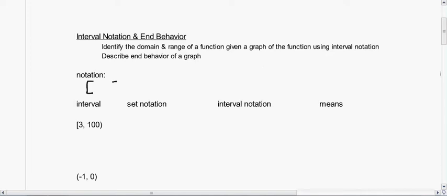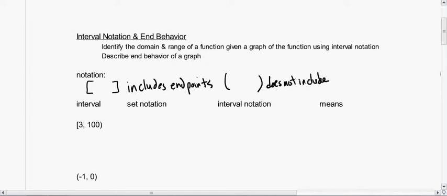We've got a set of brackets, and this would mean that you are including the endpoints. So this includes endpoints or end values. And I could use parentheses, and this does not include the endpoints.